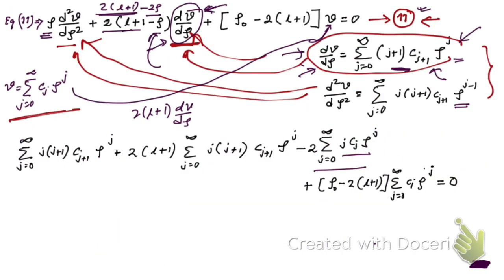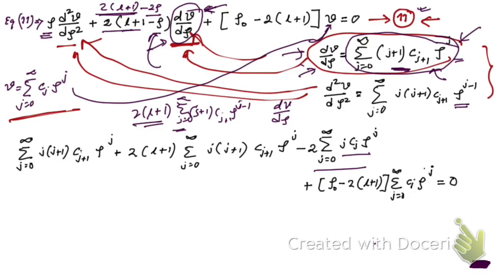Let me go to the new slide again. Here we have used this result, so this is replaced by summation j equal to 0 to infinity j plus 1 into c j plus 1 rho to the power j.